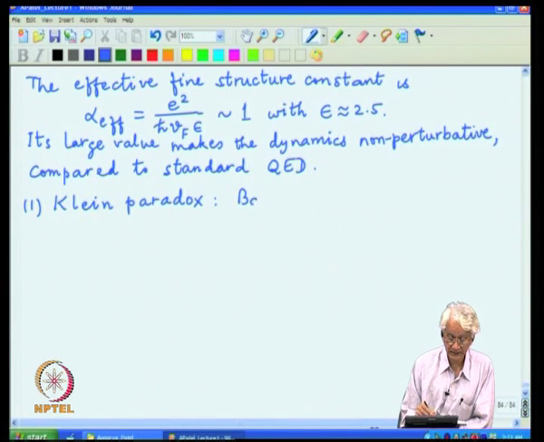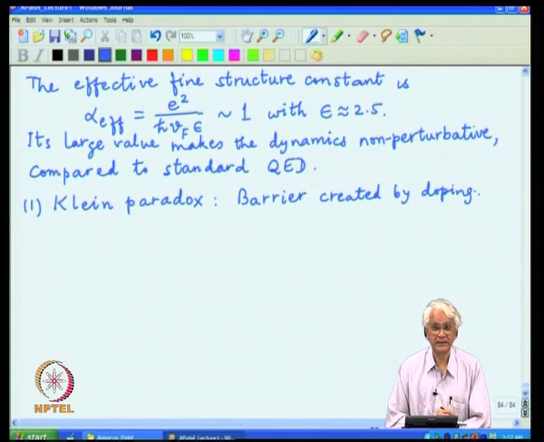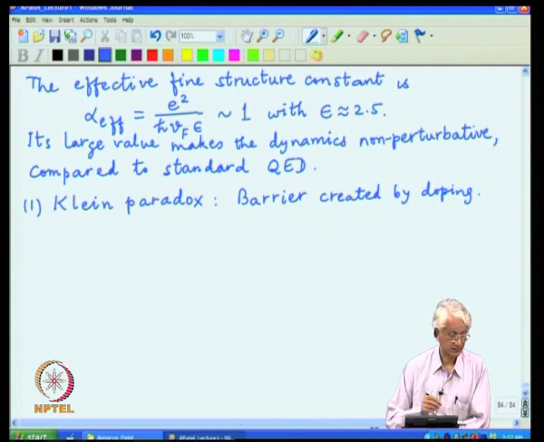We can easily create a barrier in case of graphene by doping. One can create a gate and put a voltage on it, so that the electrons feel an extra potential in trying to go through a particular region.